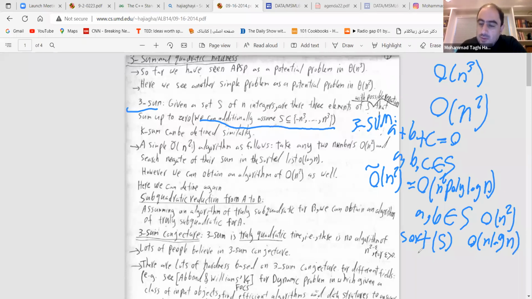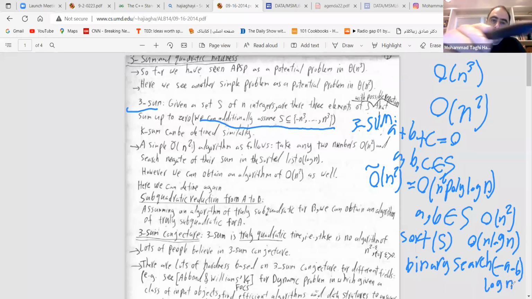And finally, what do we do? We do a binary search. Which number? Minus A minus B. And for this one, we pay a log n.